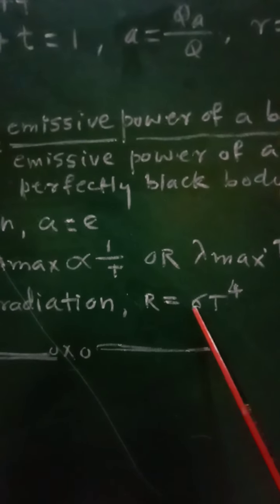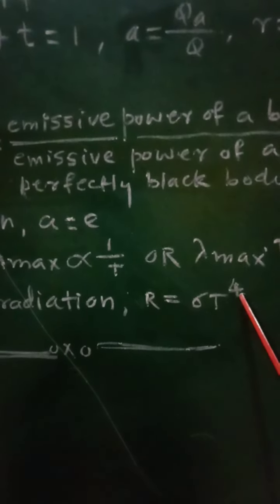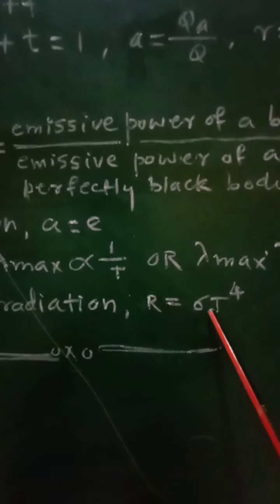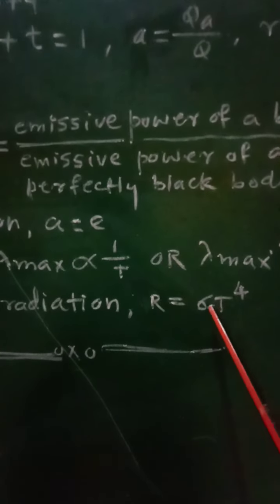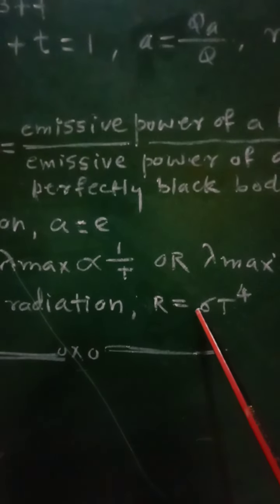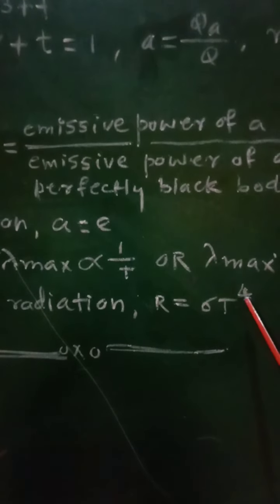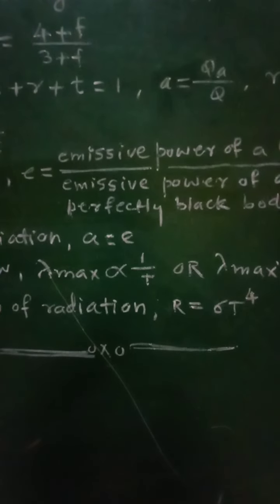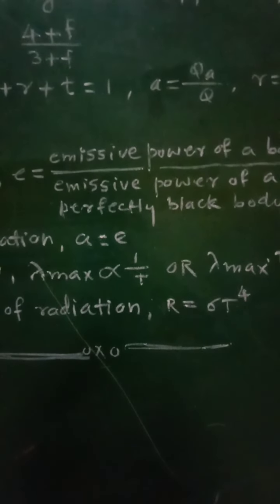That is, this emissive power will be directly proportional to 4th power of absolute temperature of that body, and therefore R is equal to sigma into T raised to 4. So these are some of the formulae from this 3rd chapter, Kinetic Theory of Gases and Radiation.